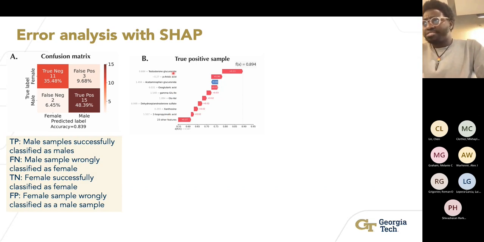It's either pulling the prediction towards female or towards male. These feature values are auto-scaled. So this is a positive high value for testosterone glucuronide, and this is a true positive sample: a male sample successfully classified as male.